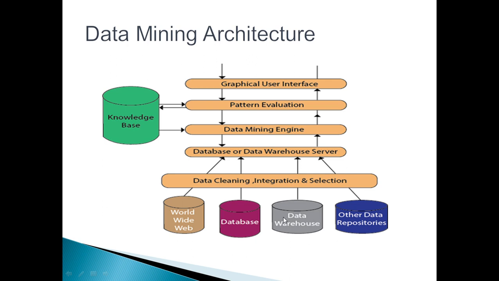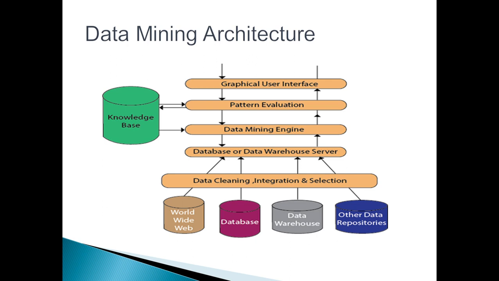You need a huge amount of historical data for data mining to be successful. Organizations typically store data in databases or data warehouses. What is a data warehouse? A data warehouse is a collection of one or more databases, text files, spreadsheets, or other repositories of data.